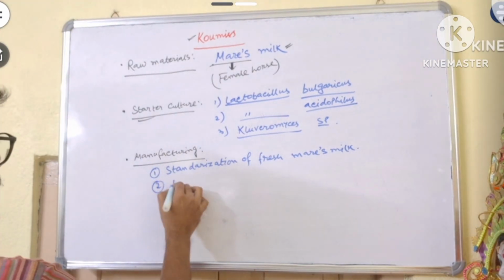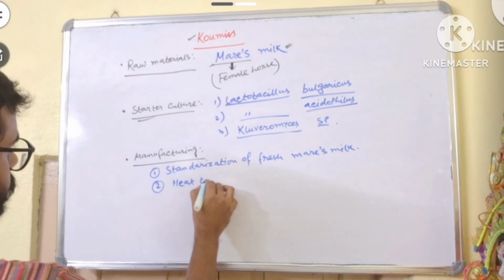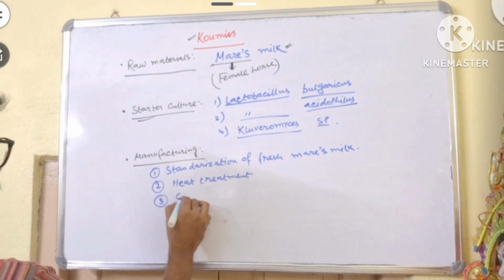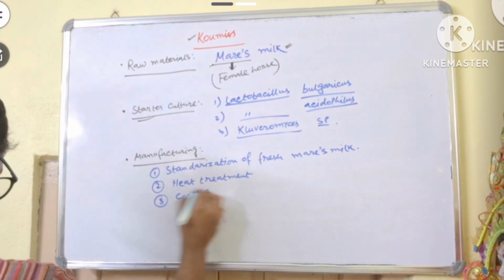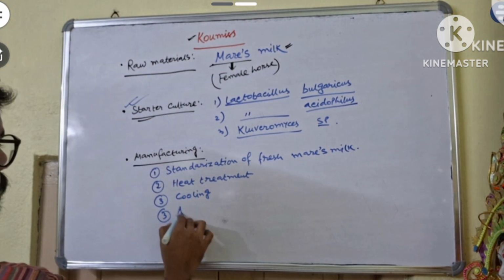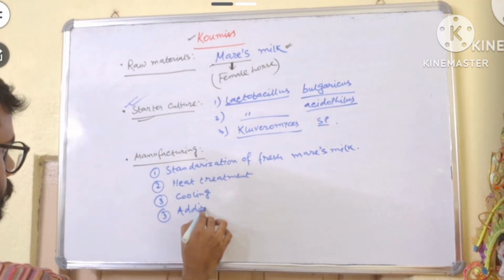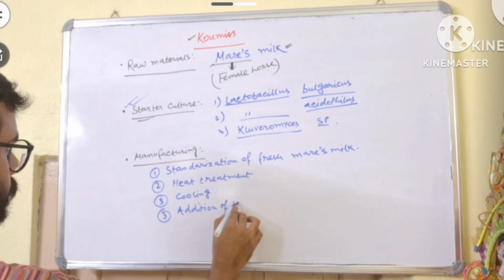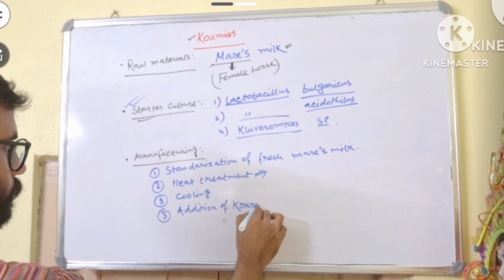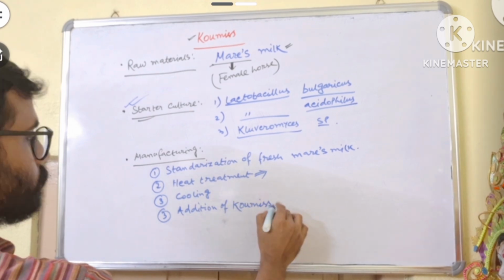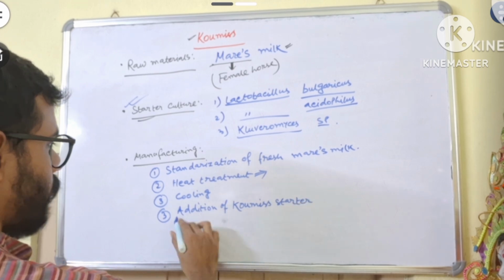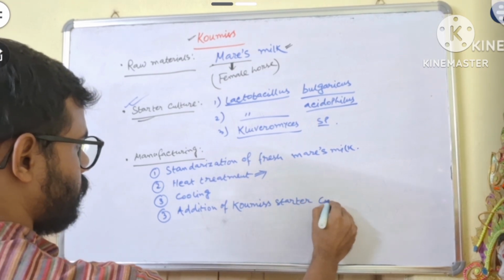Followed by the same thing, heat treatment above pasteurization temperature, 85 to 90, same, then cooling, and addition of Koumis starter culture.